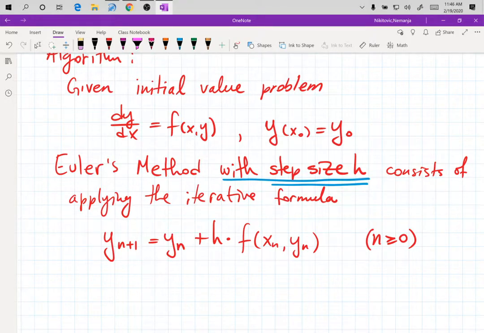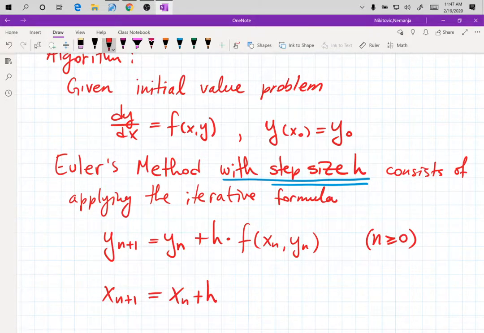Now, I haven't done a derivation for this, but I am going to write also as a part of this, if you are going to use this and really try to code it, it needs to be also written: x(n+1) is x(n) plus h. So your step size is the one that advances x.